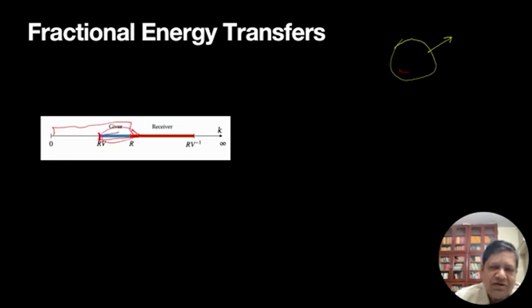The receiver is not up to infinity, the receiver is up to RV inverse. So let's say V is half, 0.5. So this will be 0.5 to 1, and this will be 1 to 2. So we make this fractional energy transfer.